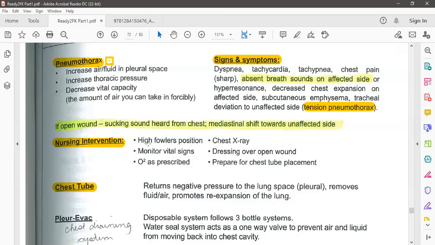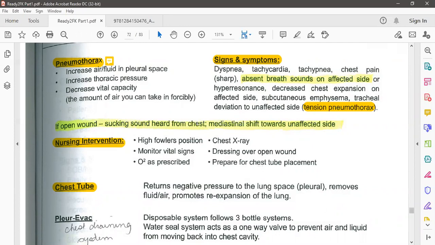Let me read it: first, high Fowler position, then monitor the vital signs, oxygen as prescribed, take a chest x-ray for evaluation, dress the open wound, and prepare for chest tube placement.